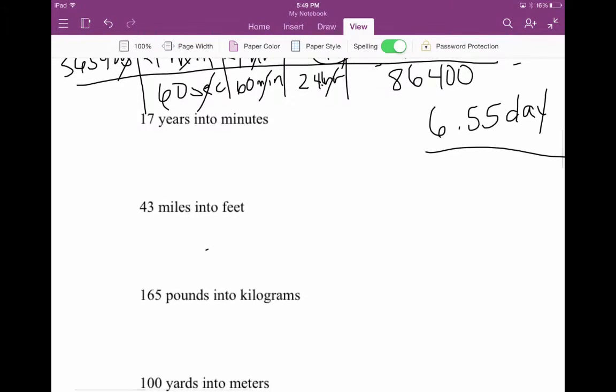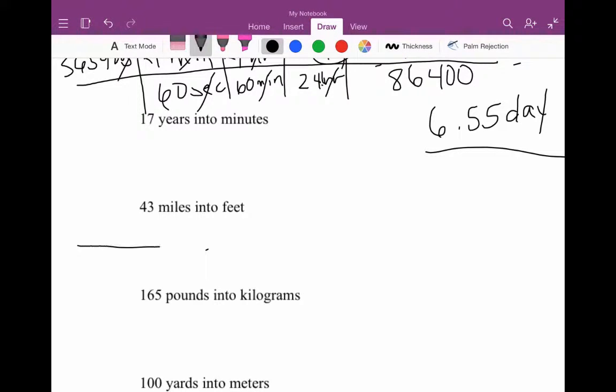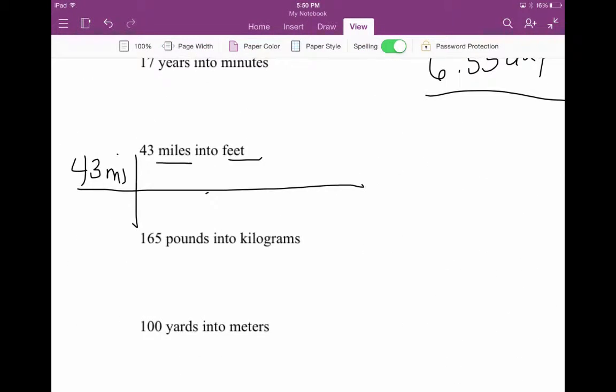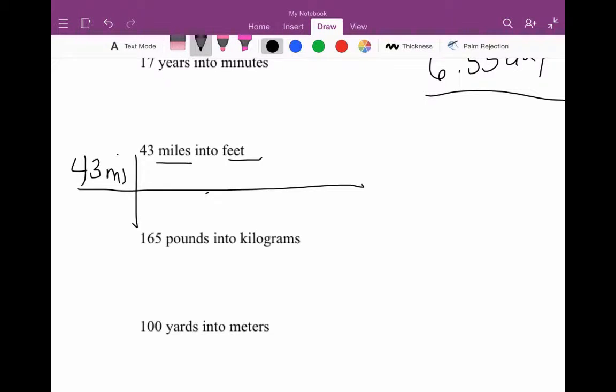Looking at our next one, miles into feet. First thing we do, set up our T-chart. We have 43 miles. We want to go from miles to feet. We need to refer back to our chart. Our chart tells us that 1 mile equals 5,280 feet. Going back, we want to put our miles on the bottom so it cancels out.